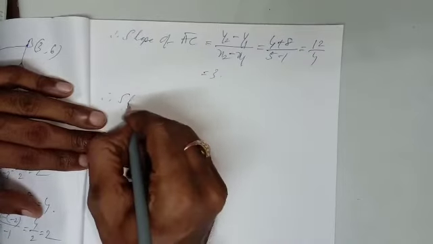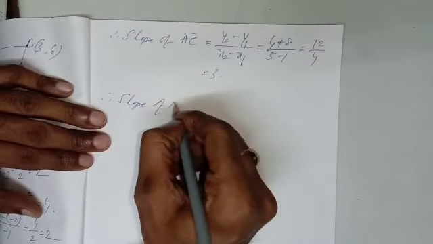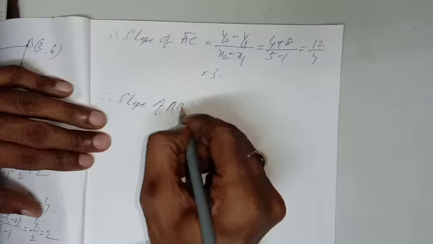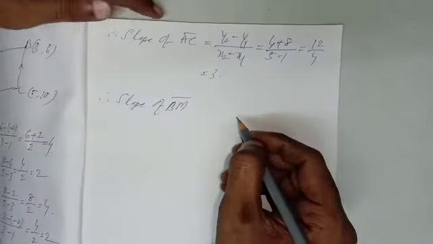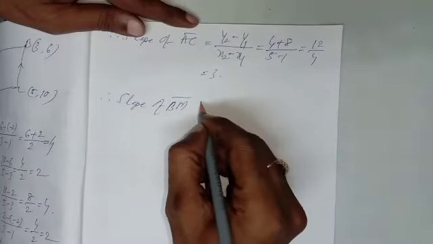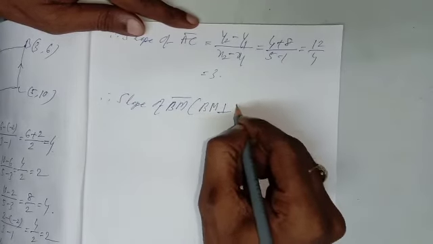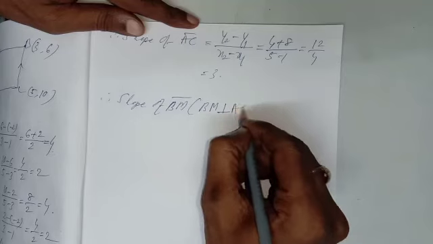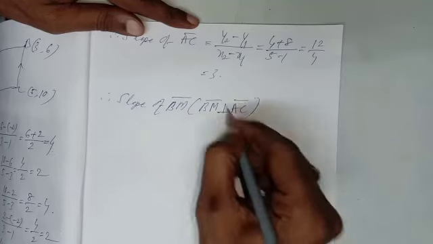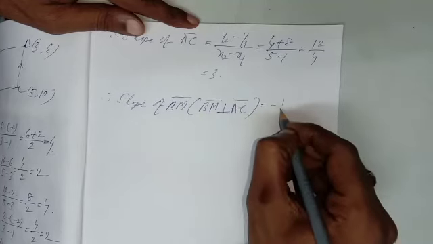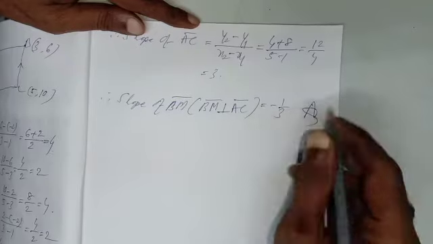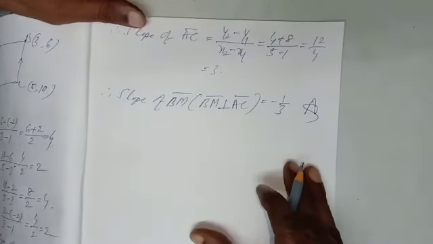Therefore, slope of BM, which is altitude, BM perpendicular to AC, will be negative reverse, which means -1 by 3. In this way, question number 6 also completed.